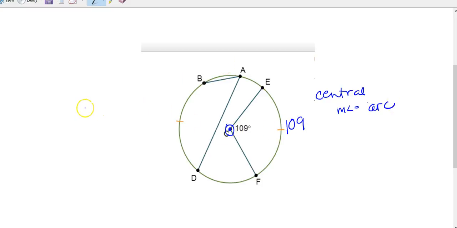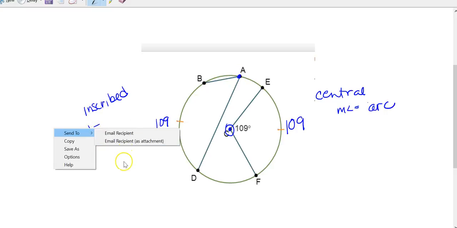Here's the inscribed angle. Now we know it's inscribed because where's the vertex? It's on the circle. So do you see these little marks here and here? That means that this is also 109. So since it's on the circle, the measure of the angle is equal to what? Remember, these aren't equal. What's the relationship between this angle and the arc when the vertex is on the circle?